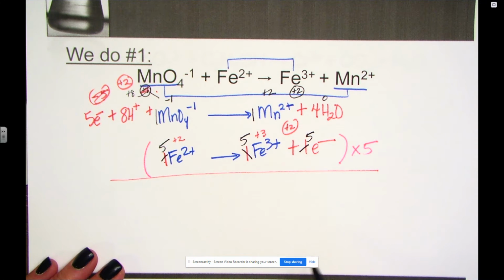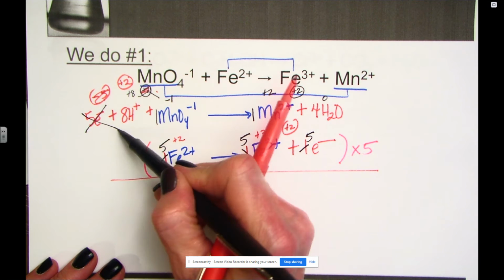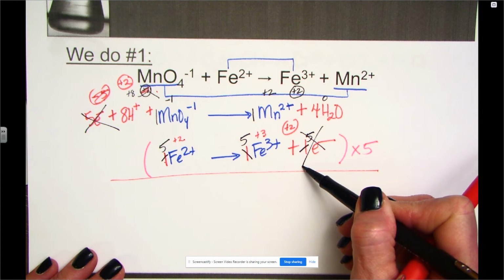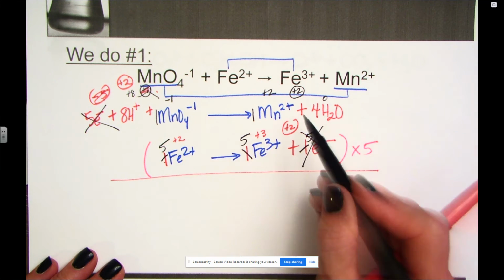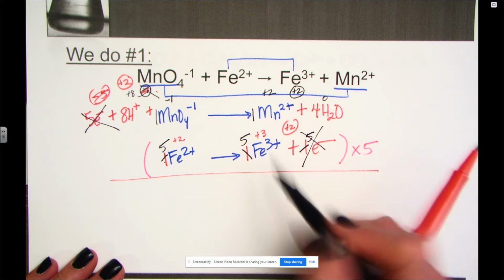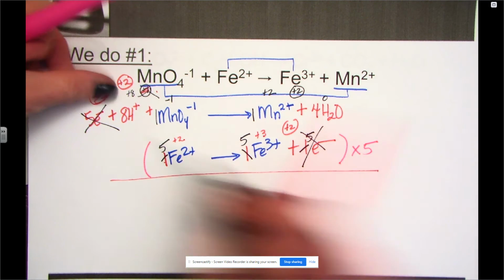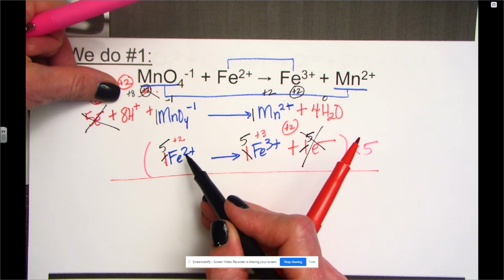So now let's cancel identical species. These 5 electrons cancel with these 5 electrons. None of my waters cancel and none of my hydrogens cancel. So that means you're going to bring down what remains. So let's start here. I always go left to right, top to bottom.